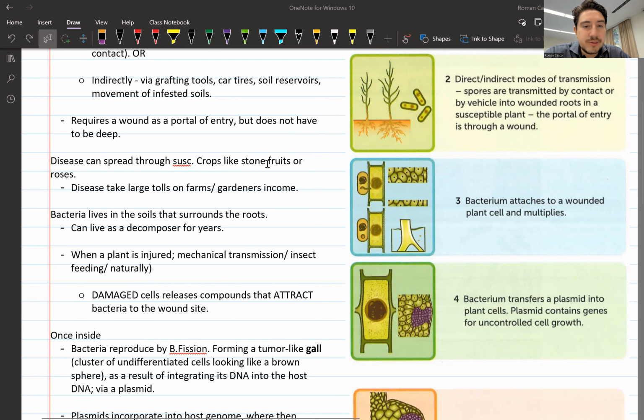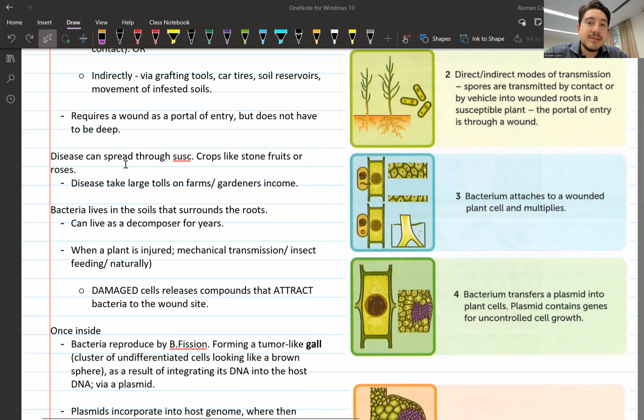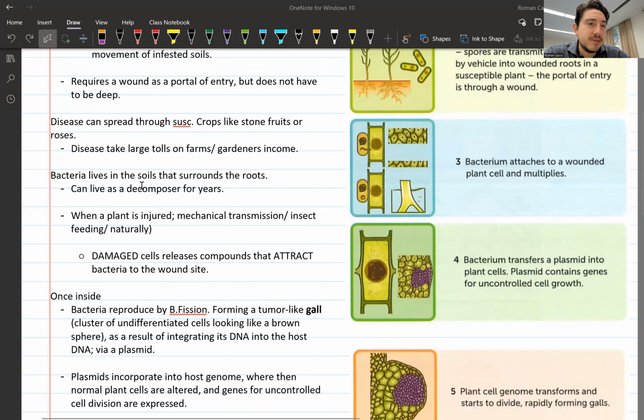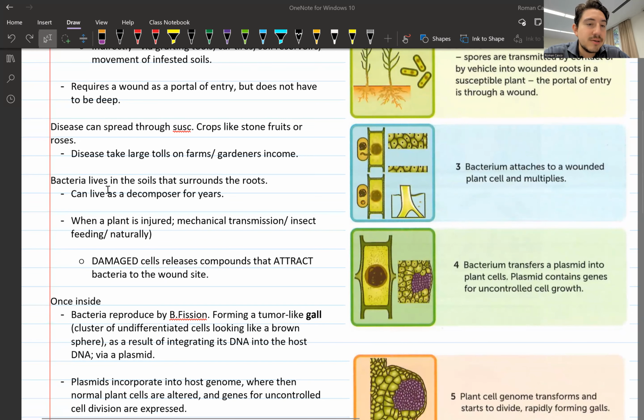Stone fruits could be like peaches, apricots, raspberries, these type of fruits, okay? And definitely this disease has been very detrimental for farmers and gardeners in terms of their income. Farmers tend to have a pretty intense financial loss due to this disease. So it's very important to keep in check and to monitor these diseases.